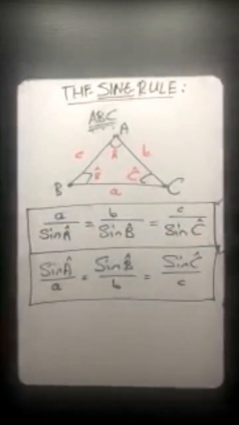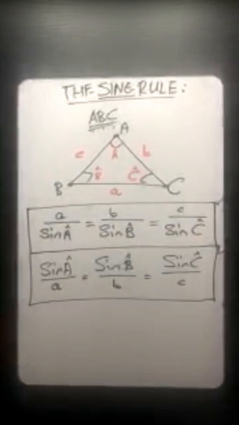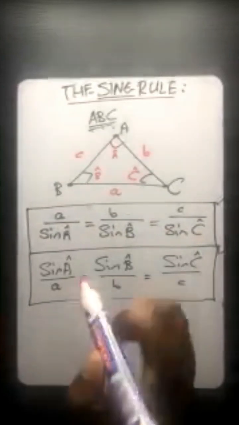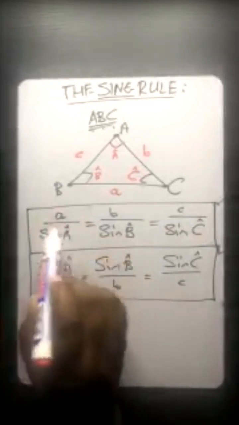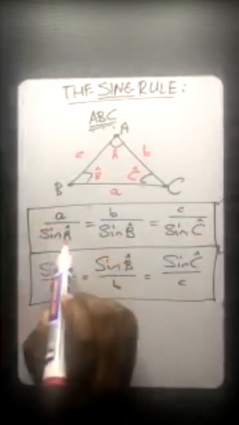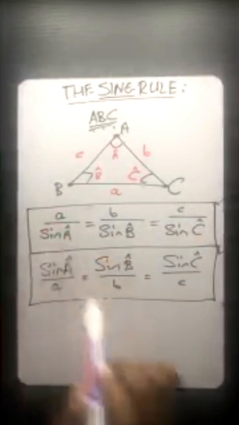But I will tell you what I've noticed, honorable member, which made my life easy. Remember, this small letter represents the side, and this part represents the sine of the angle.